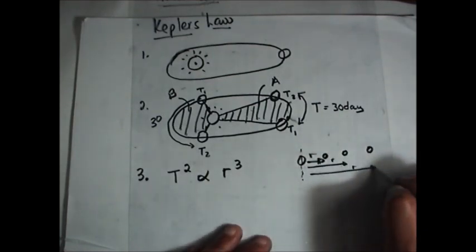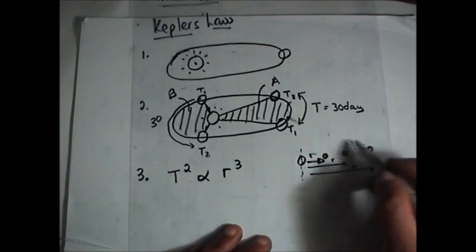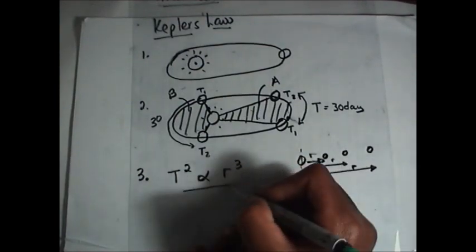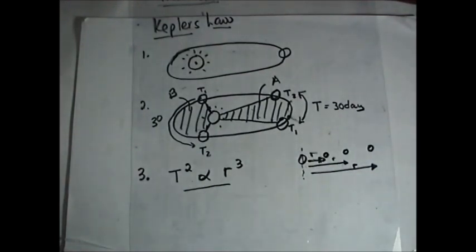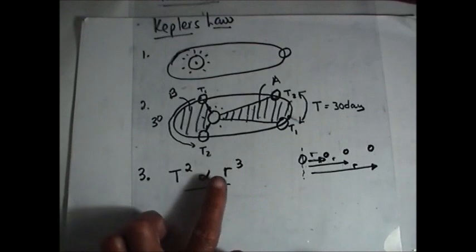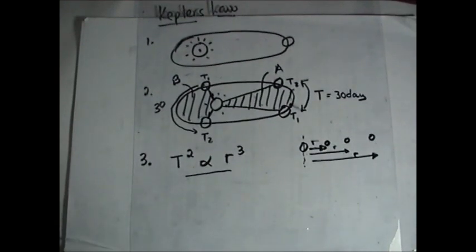So this one here, since it has a larger r, r cubed, it will have a longer period than this one here. Using this third law, which says the squares of the periods of revolution of planets are proportional to the cubes of their mean distances from the sun. So that is Kepler's law number 3.